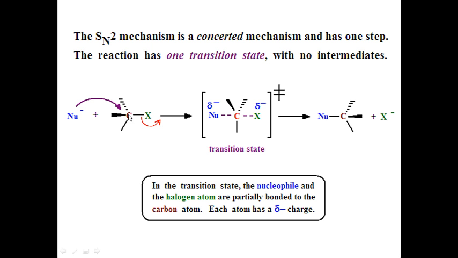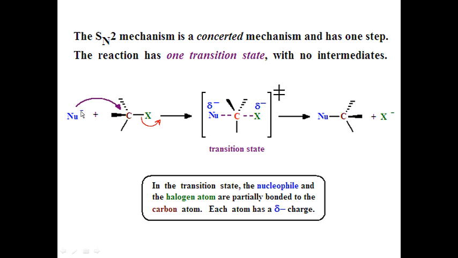It's also in between having a carbon-halogen bond and breaking a carbon-halogen bond, so it gets a dotted line. Now, in the free radical halogenation, there were no charges during that reaction, so all we did was, in essence, average the bonds between the reactants and the products. Now, because this reaction involves charged species, we have to average the charges as well.